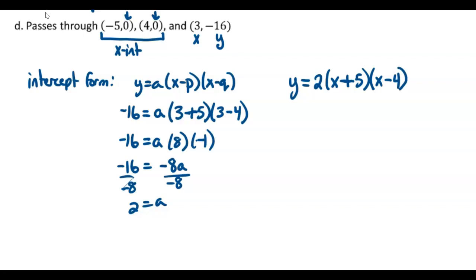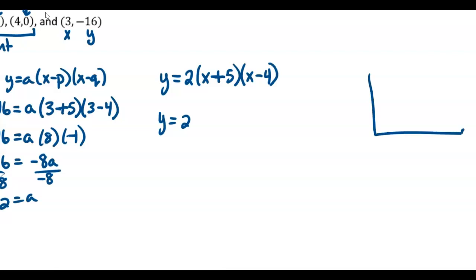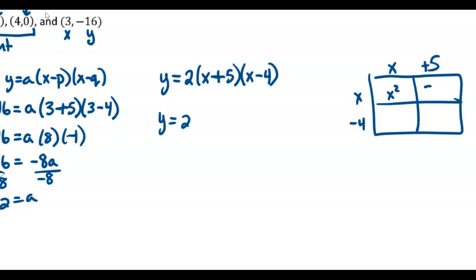If they want it in standard form, I need to multiply it out. Personally, the first thing I'm going to multiply out is the (x plus 5) times (x minus 4). x squared, 5x minus 4x, minus 20. That is x squared plus x, because 5x minus 4x is x, and then minus 20.